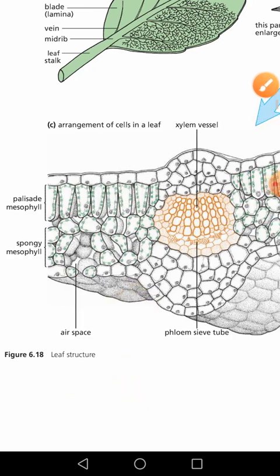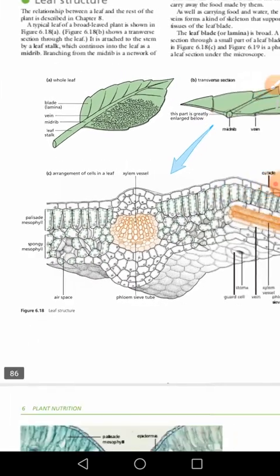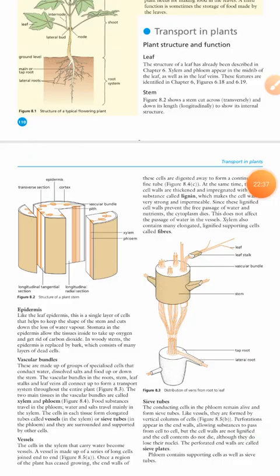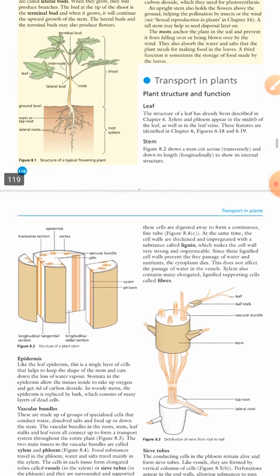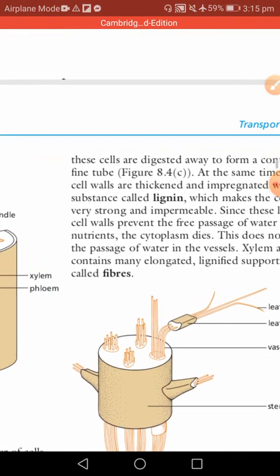Okay, now let's see. We had the structure of the leaf. Now we will look at the structure of a stem, or a bark. Here is a short stem.